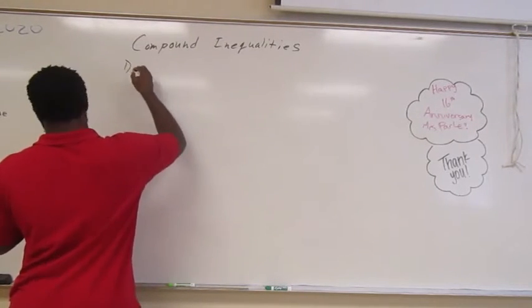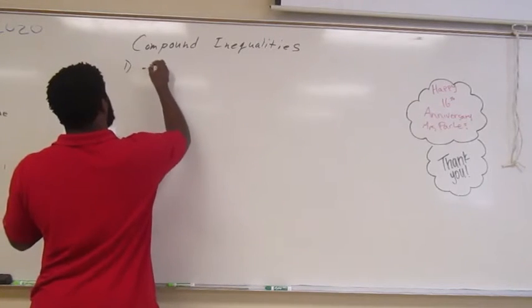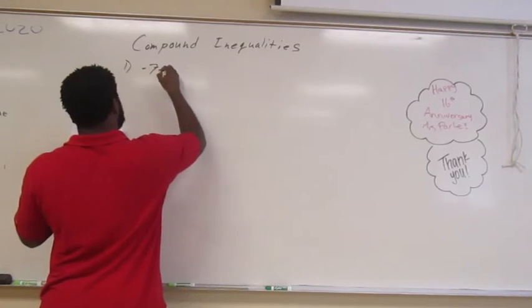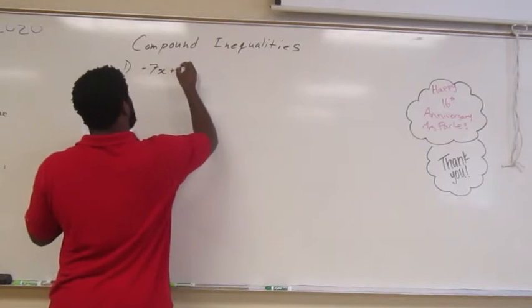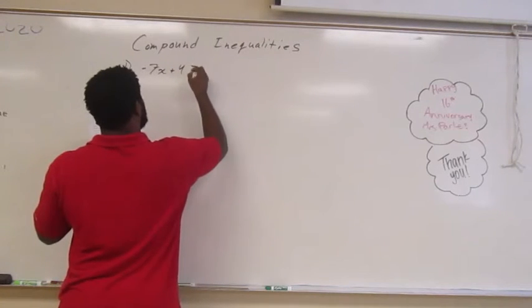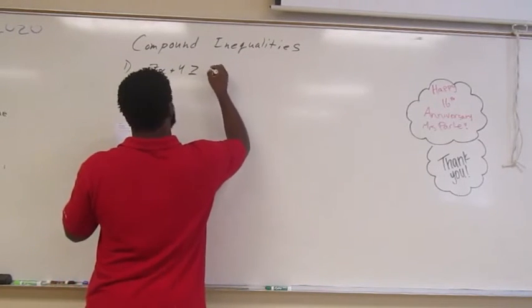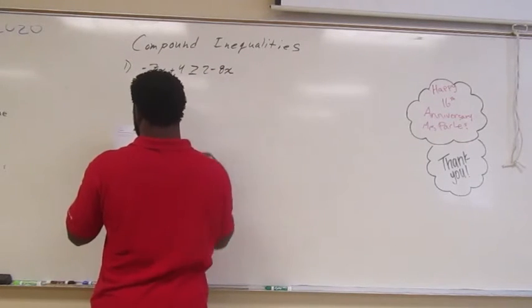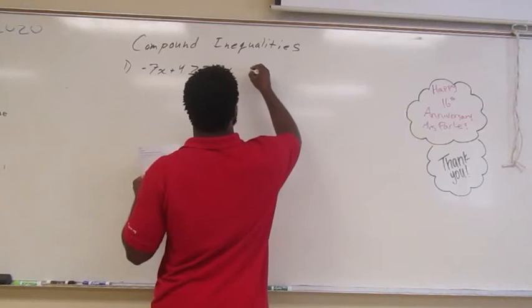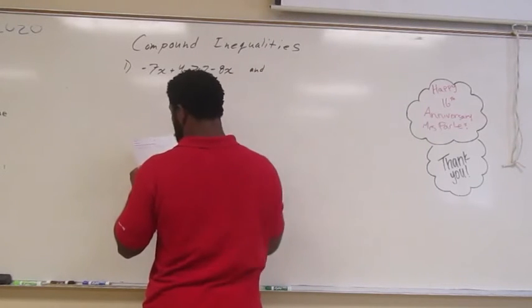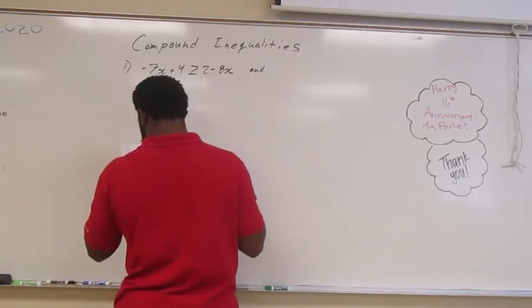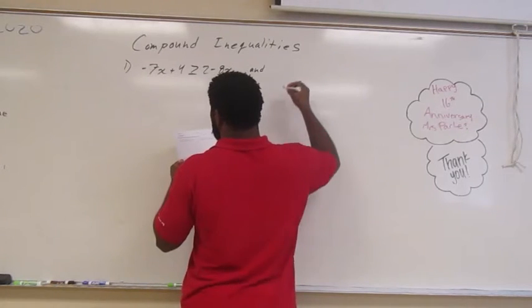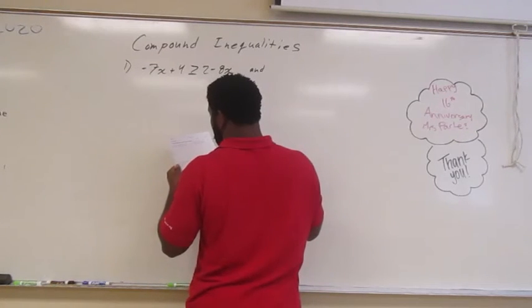Number 1 says -7x plus 4 is greater than or equal to 2 minus negative 8x. Man, I got a lot of ors up here. I don't know why.